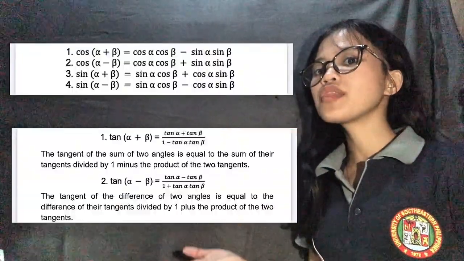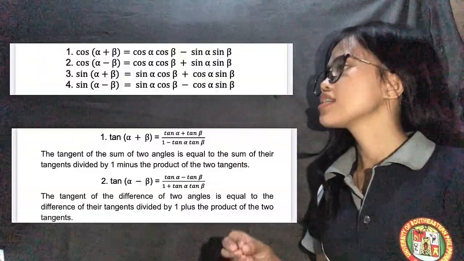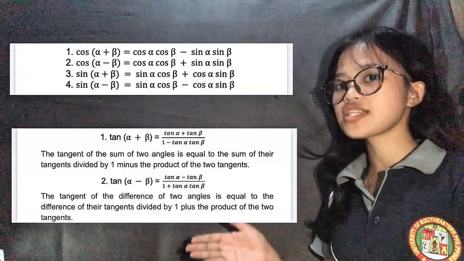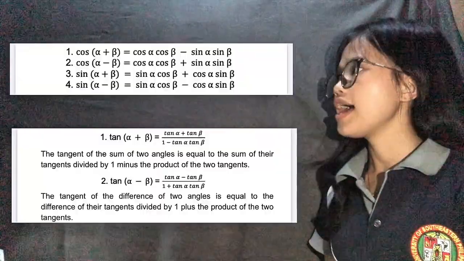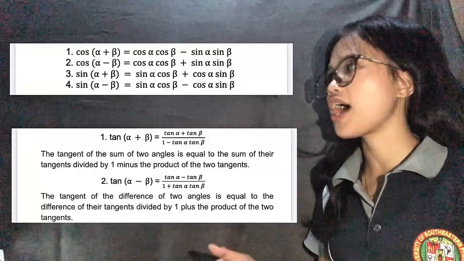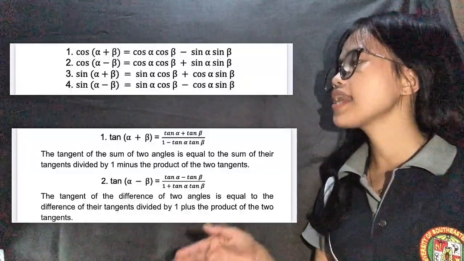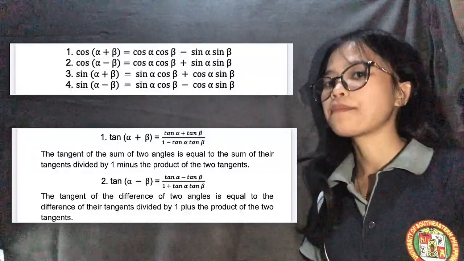Now here are the formulas for sine, cosine, and tangent. First off, we have sine of alpha plus beta is equal to sine alpha cosine beta plus cosine alpha sine beta. And for the difference, we have sine of alpha minus beta is equivalent to sine alpha cosine beta minus cosine alpha sine beta.